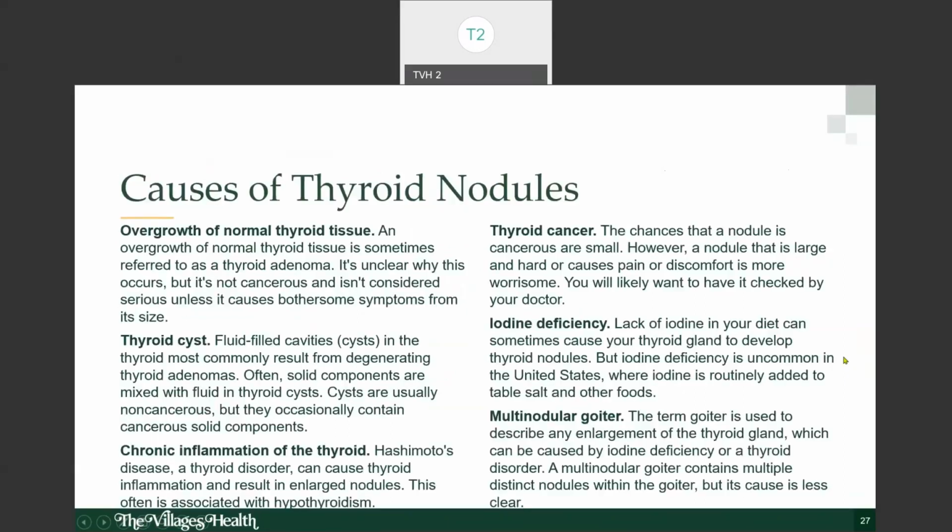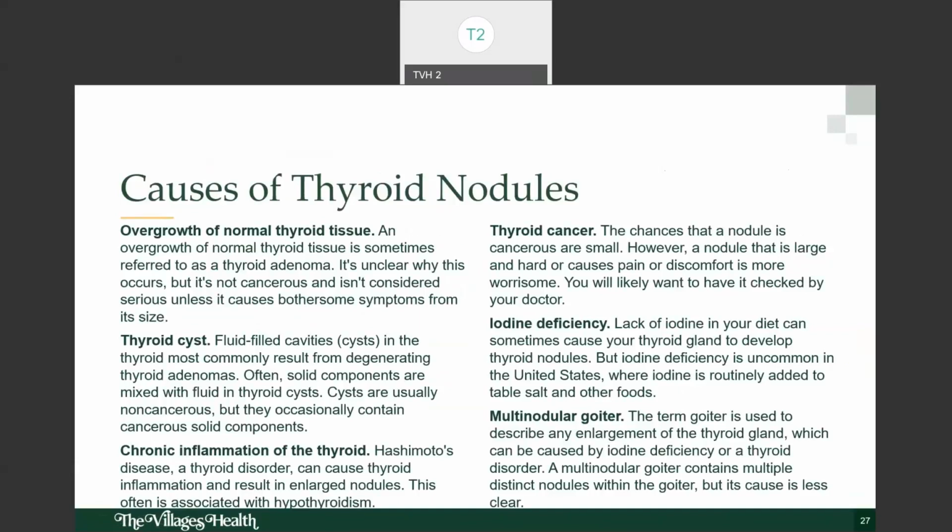Now, with thyroid nodules, there are some causes that we do know of. One is an overgrowth of your normal thyroid tissue. It's sometimes referred to as thyroid adenoma. I'm not really sure why this occurs, but it's not cancerous, and it isn't usually considered serious unless it's causing some symptoms from its overgrowth.